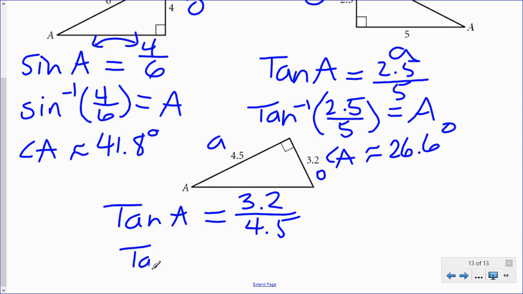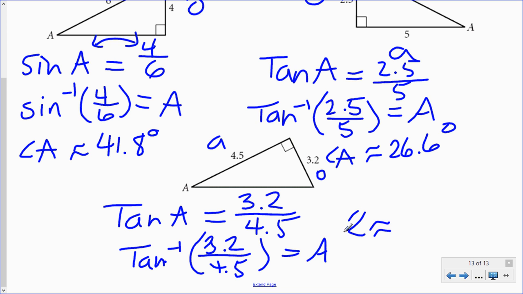Then use your inverse trig function, which again switches your input and your output. And then go to your calculator. And angle A is approximately 35.4 degrees.